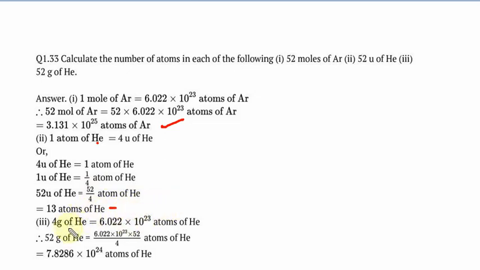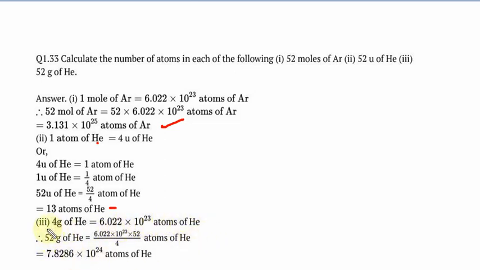In the third part, they have said how many atoms are there in 52 grams of helium. So 4 grams of helium is equal to 6.022 into 10 to the 23 atoms of helium.